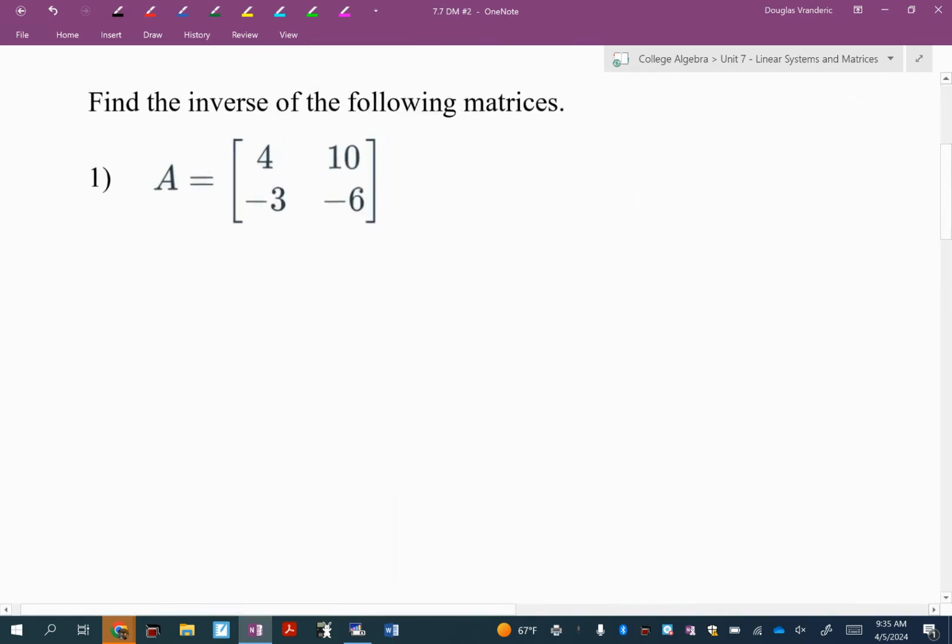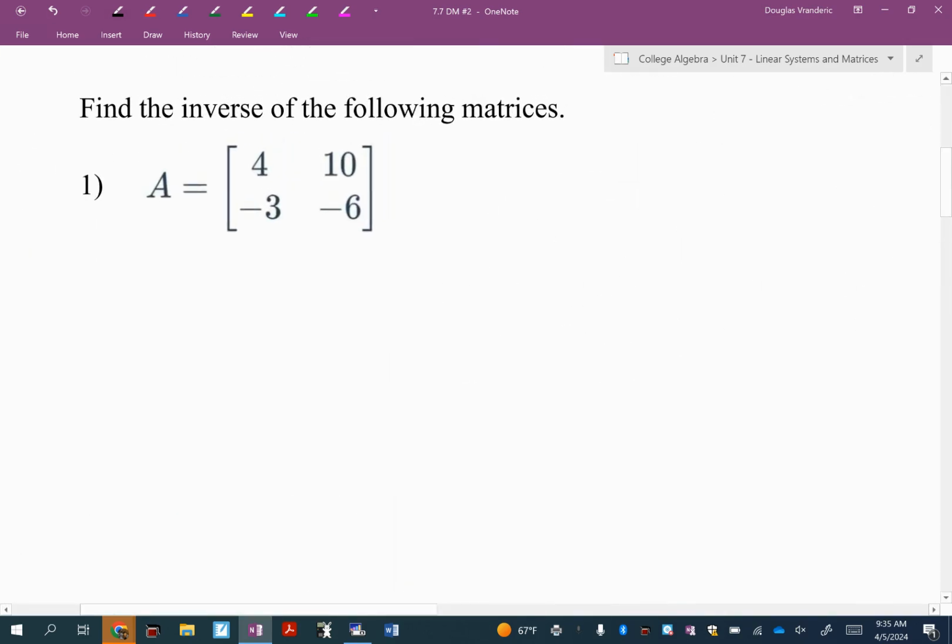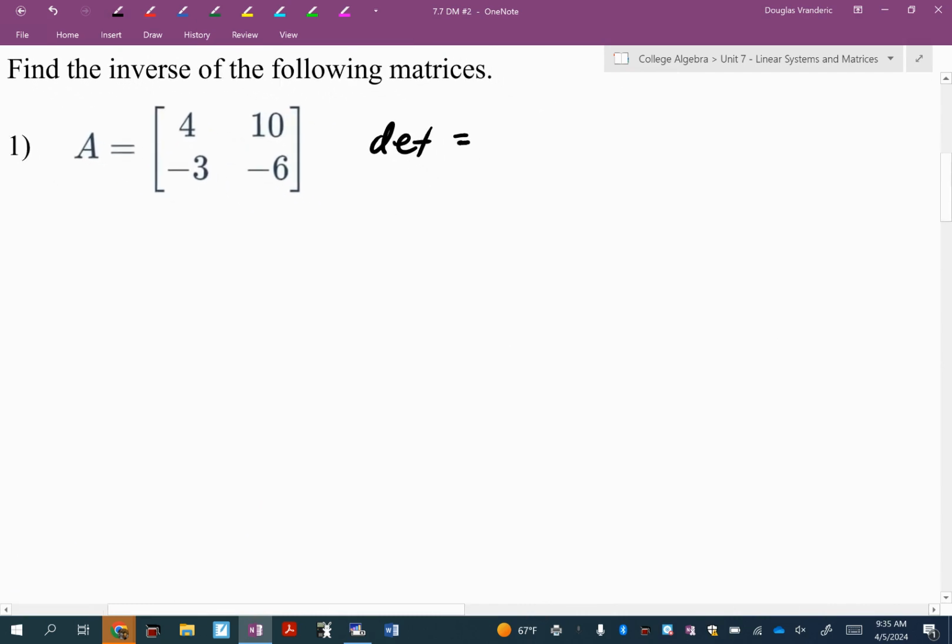So here we go. The first thing I want you to do is find the determinant of this matrix. It's going to be 4 times -6 minus 10 times -3.